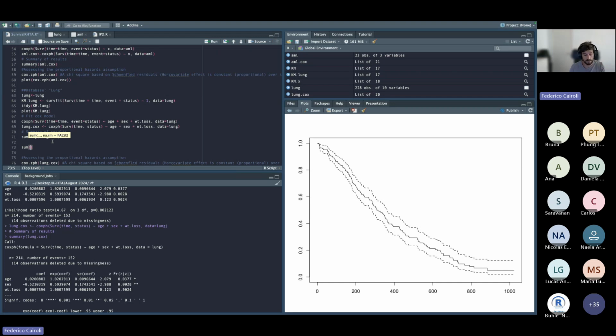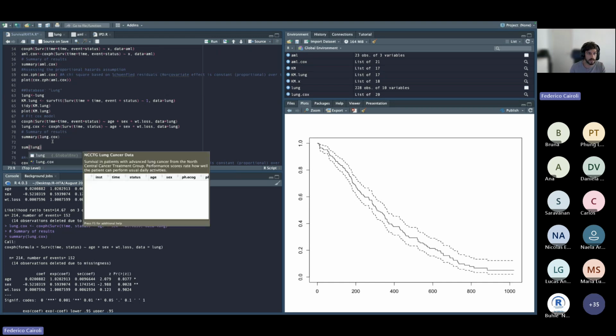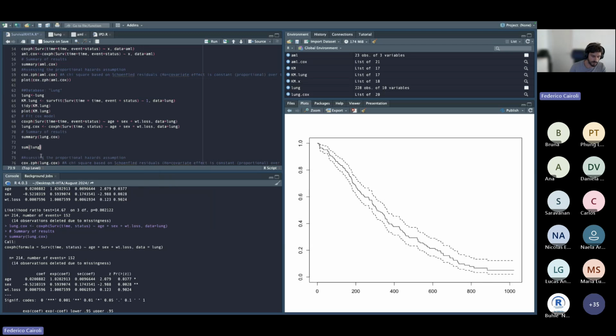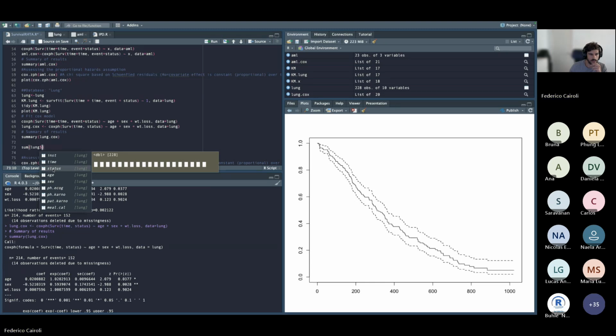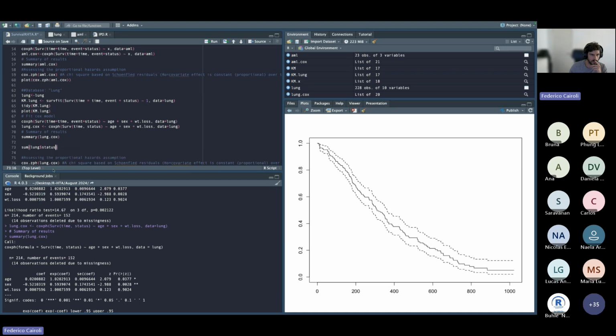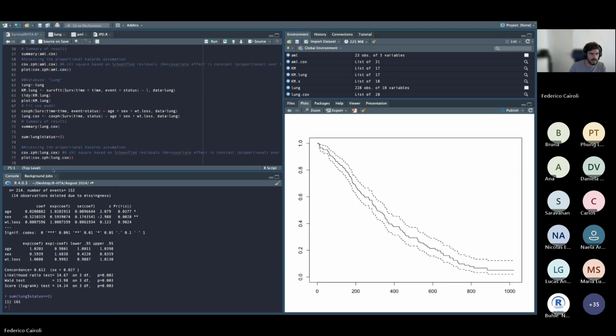And then we select the lang database, put this symbol to go to one specific variable that you are going to look for some information, and put when status is equal to 2. Again, status equal to 2 is death.